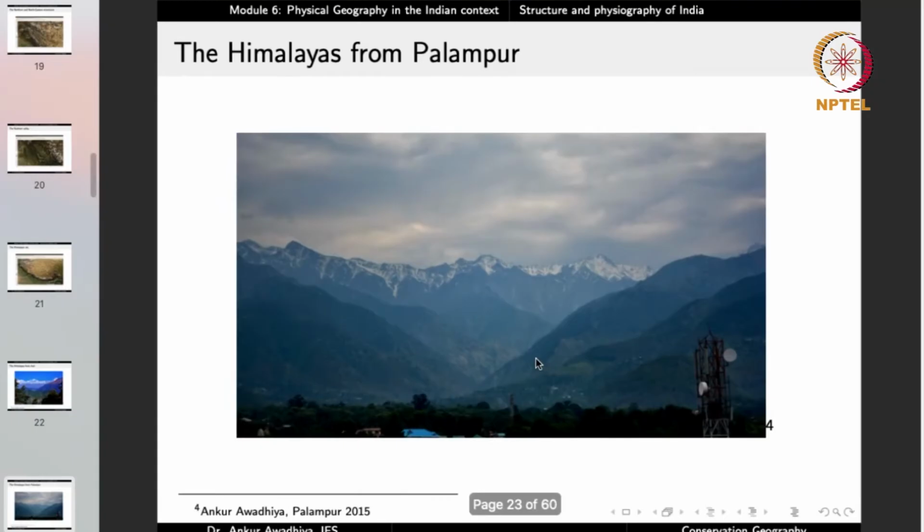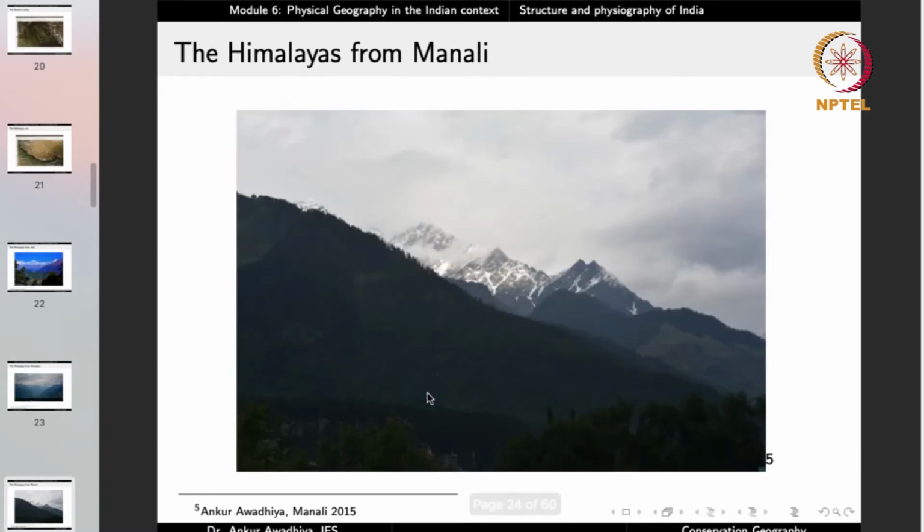This is an image from Oli. This is an image from Palampur in Himachal Pradesh. Here again you can observe rows after rows of hills and mountains. This is how the Himalayas look from Manali. Here you can observe that there are a large number of horns in this area, which means that the glaciers are playing a big role in setting the geomorphology of this area.